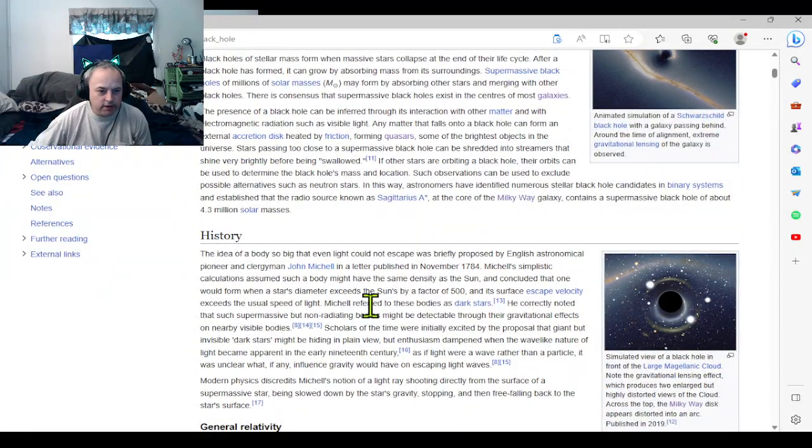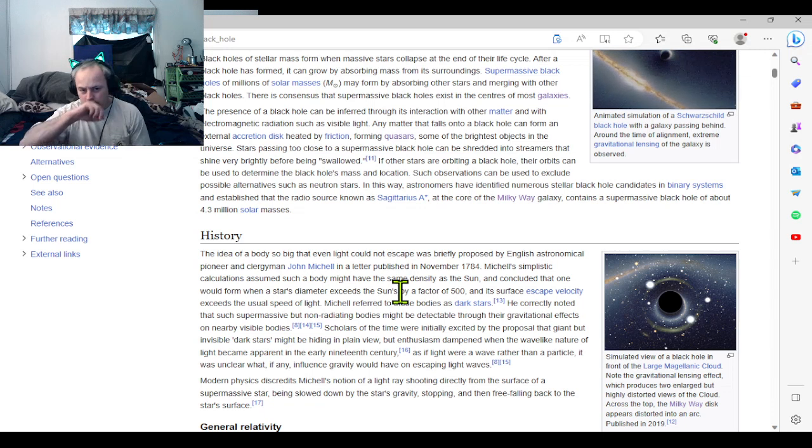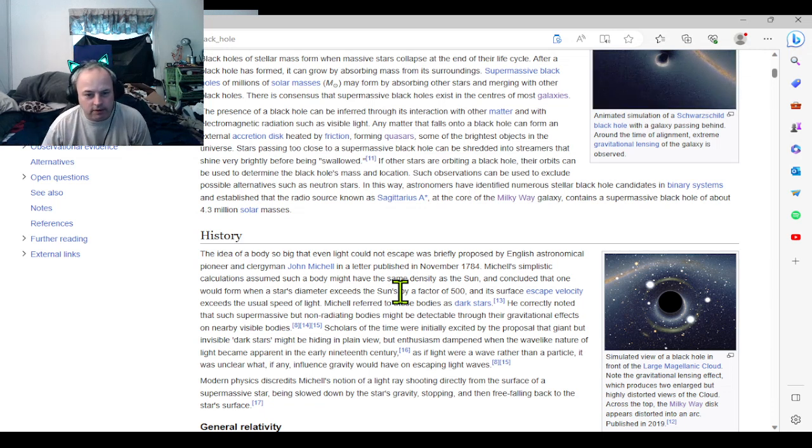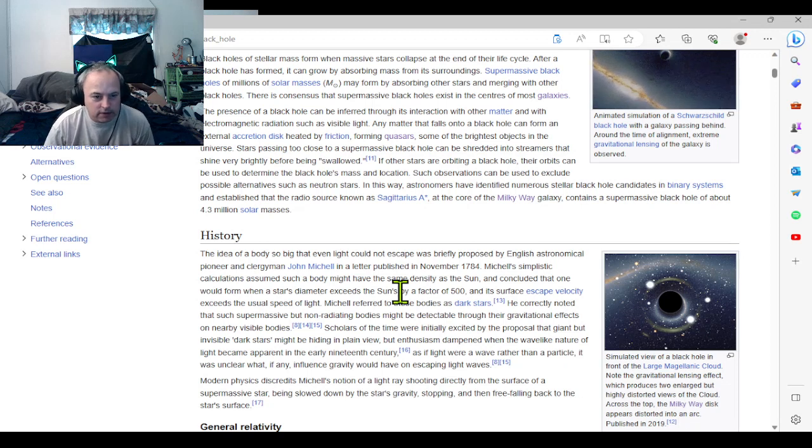The idea of a body so big that not even light could escape was briefly described by John Michell in a letter. Michell concluded that one would form when a star's diameter exceeds the sun's by a factor of 500 and the surface escape velocity exceeds the usual speed of light.